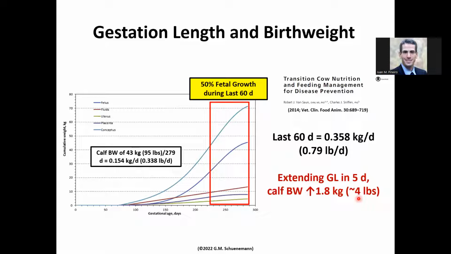It's negative with water intake, right? And that is what the cow struggles with early on in lactation. You don't want to have some of these issues, because then you start dealing with other problems on the cow. And like Juan mentioned early on in this presentation, there is an economic value for the calf, right? But that cannot offset some of the issues that you may have on the farm, right?